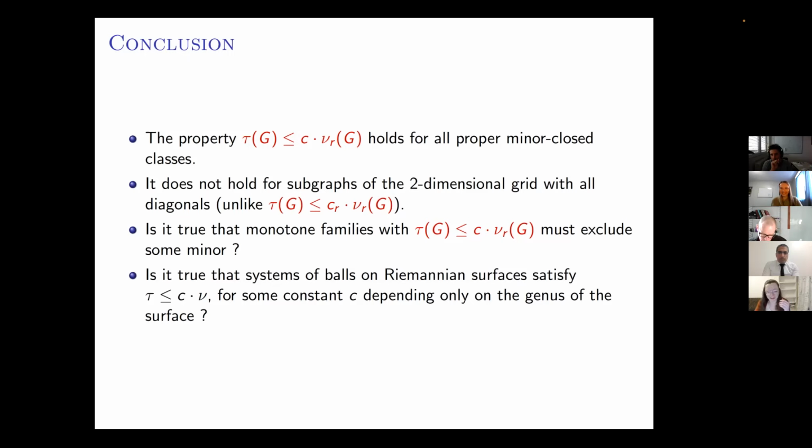It's really pretty proof. Thanks. But it's a bit strange because it seems that there's not much space between minor closed classes and these subgraphs of the two-dimensional grid with diagonals. But still, there can be something between, but I don't know exactly what it should be.